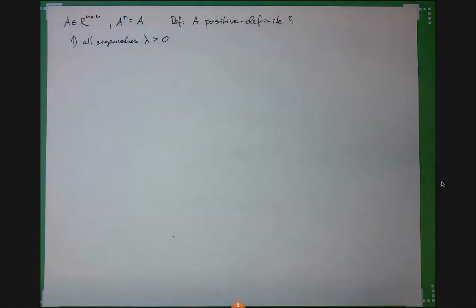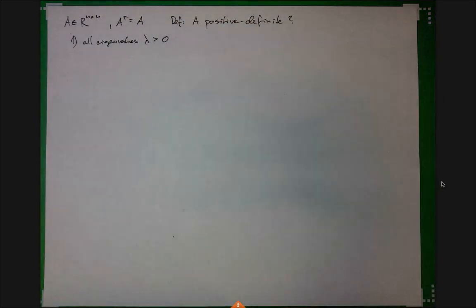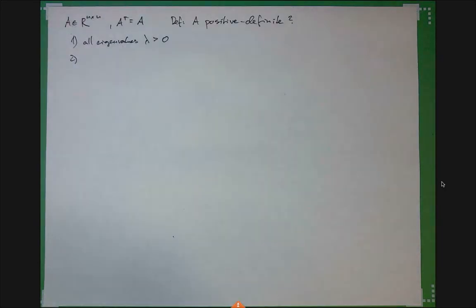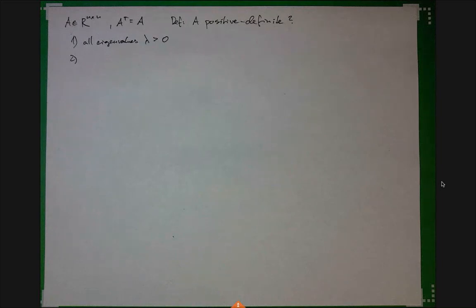For a complex number, it's not so clear what a positive complex number is, right? So that's one definition. There is another definition, which is actually equivalent to it. Can somebody think about an alternative definition, or let's say criterion, for positive definiteness?